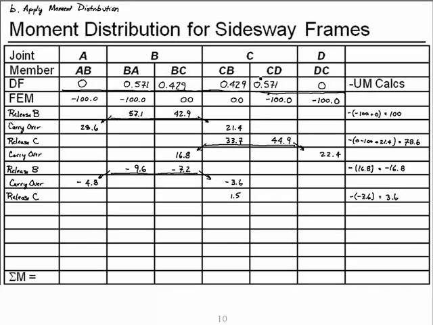This quantity times this distribution factor, and we distribute 2.1 into member CD. And now C is in equilibrium, and we carry over. This rounds off to a 1.0 to node D and a 0.8 to node B.